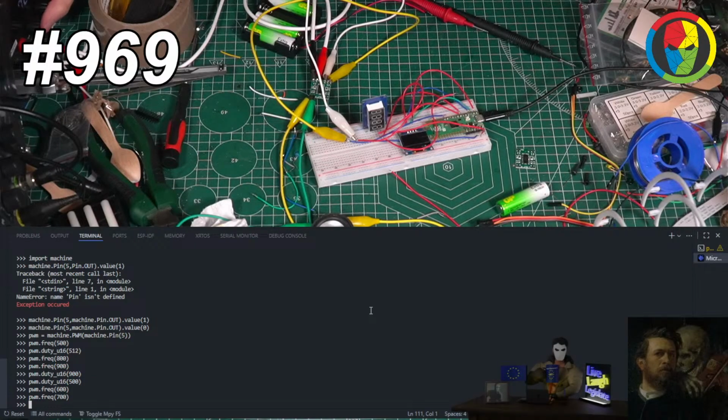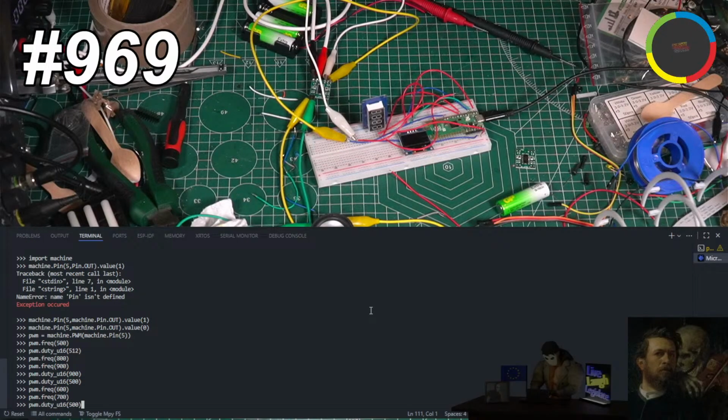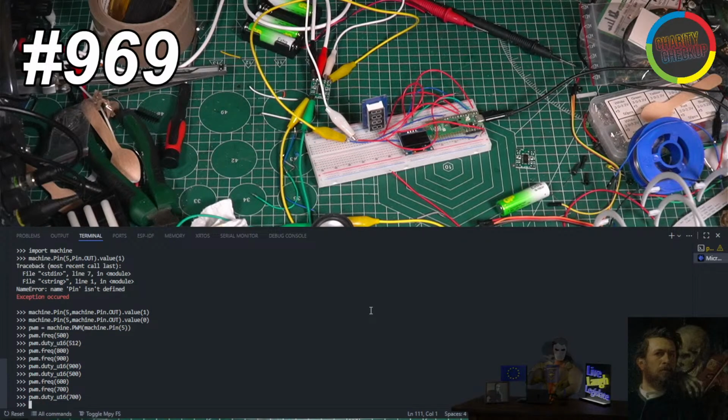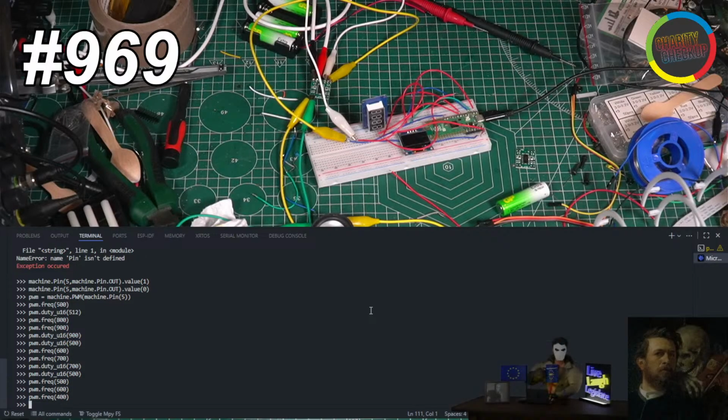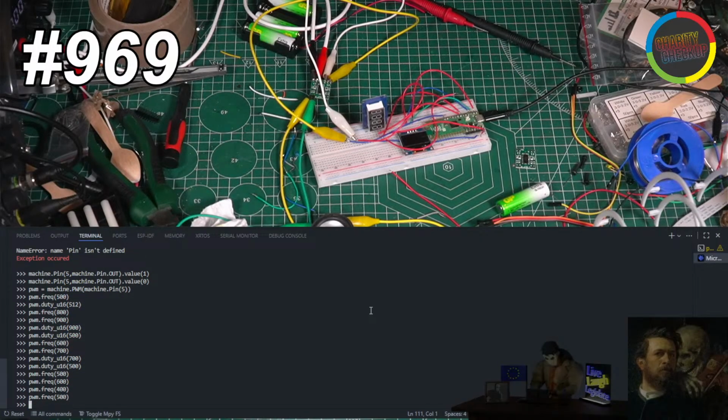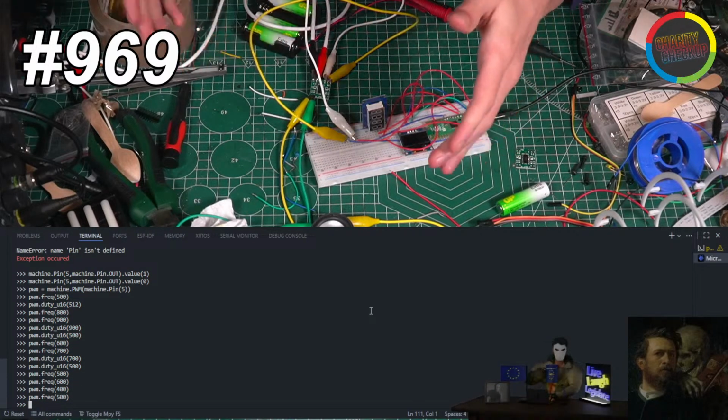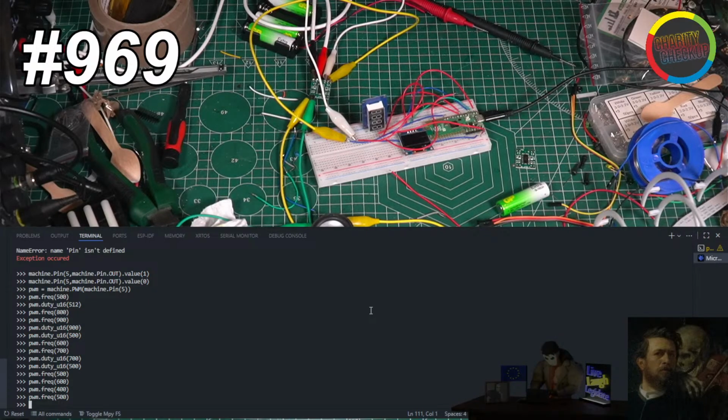Now let's see if we can make it louder. No, but we can change the frequency. Ta-da! It lives, it breathes.